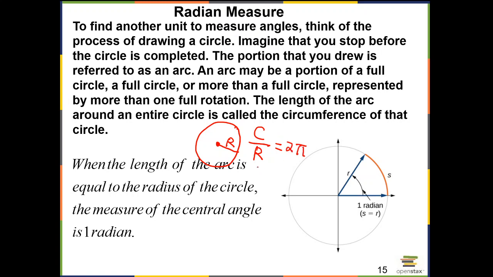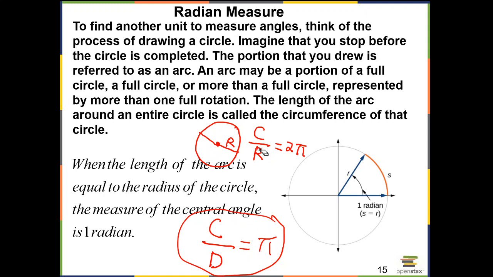If you divide instead by the diameter, which is 2 radii, you get this interesting number, pi. People have known this for a long time, and pi is about 3 point something, right?